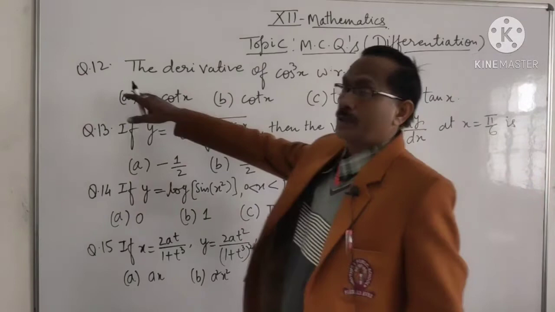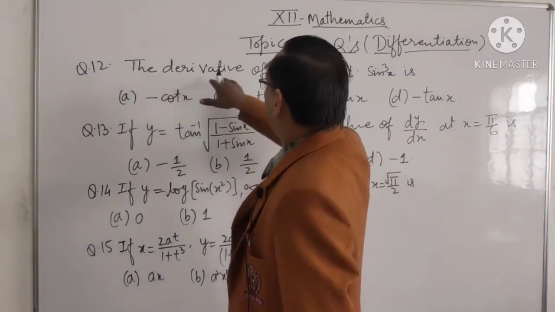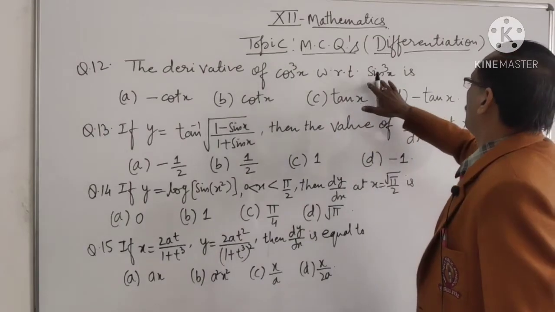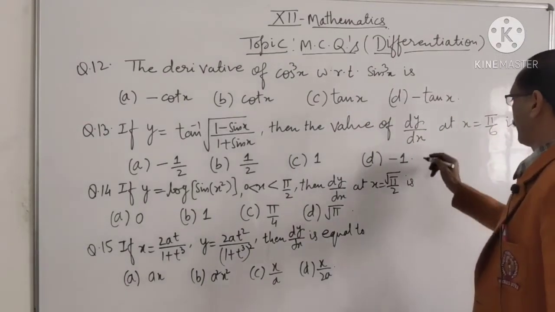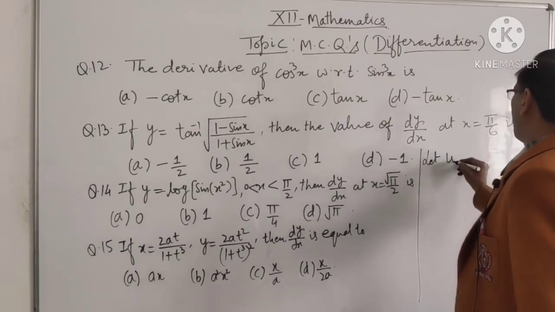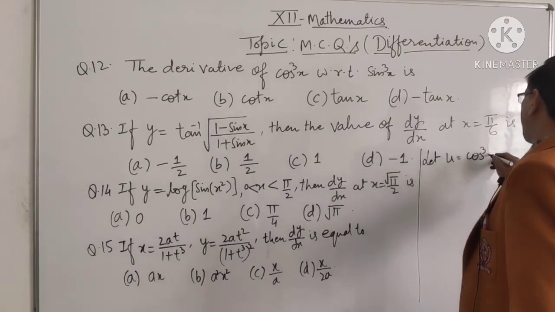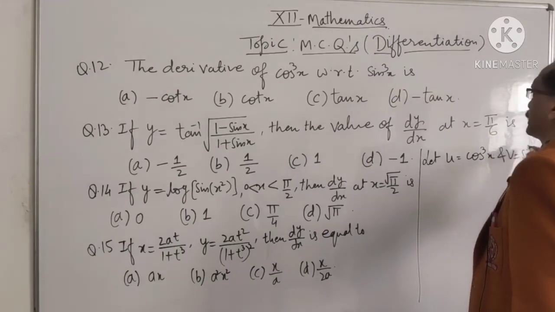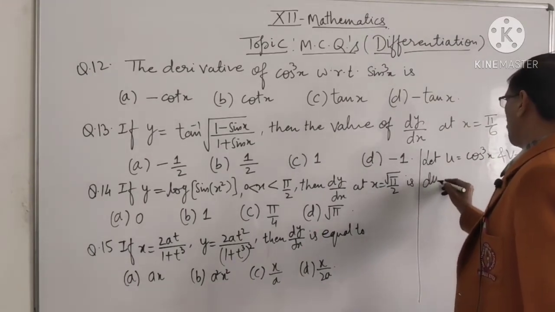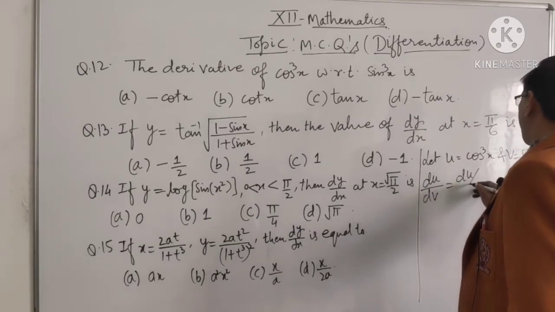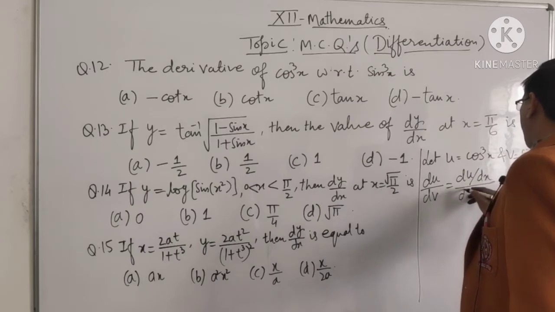Student, now question number 12. The derivative of cos cube x with respect to sin cube x is what? Let u equal cos cube x and v equal sin cube x. Then du over dv is du over dx upon dv over dx.